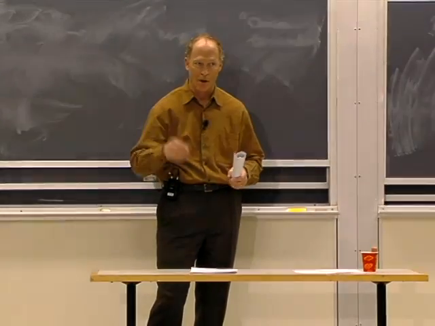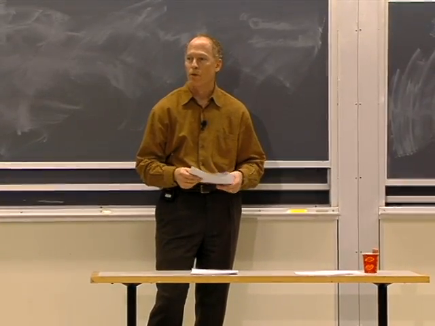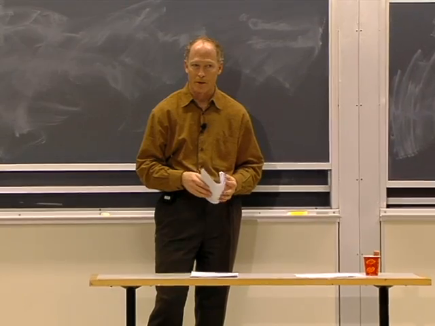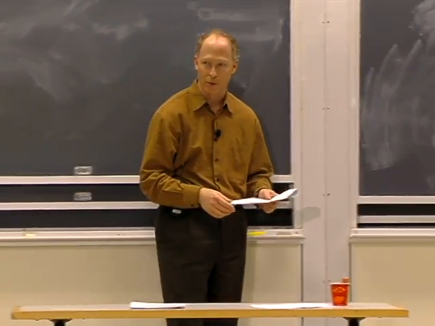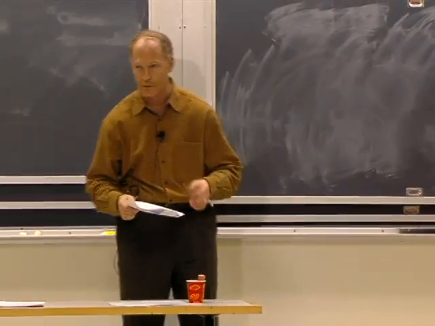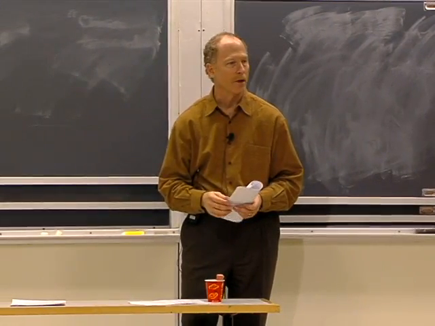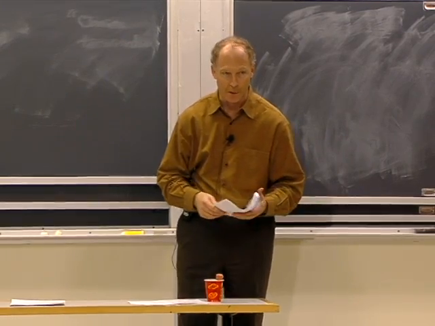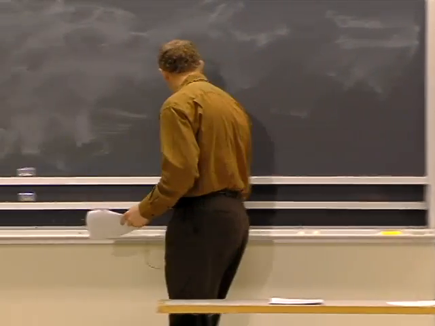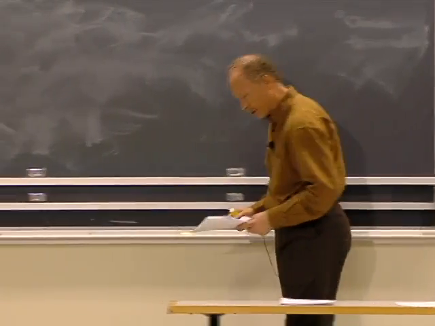And today I want to start by going through the fourth colligative property that's commonly seen, what's called osmotic pressure. And I mentioned this before. Today we'll go through a quantitative calculation of its effects. And then we'll start in on a different unit of the course. We'll start in on statistical mechanics. So let's continue with the colligative properties.